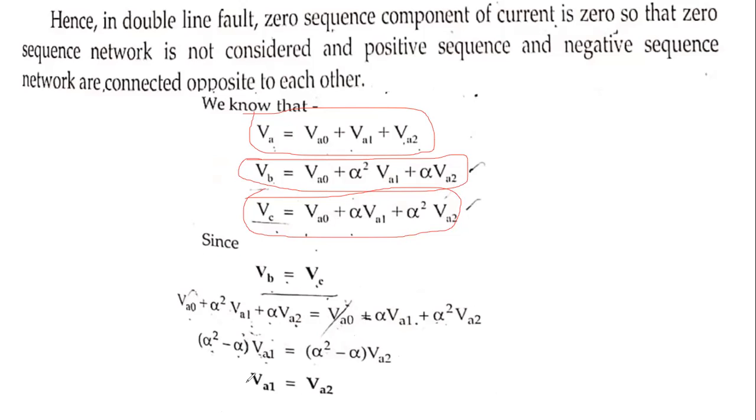In this case VA0 gets cancelled, and we take VA1 common. Therefore, from this equation, we obtain VA1 is equal to VA2.